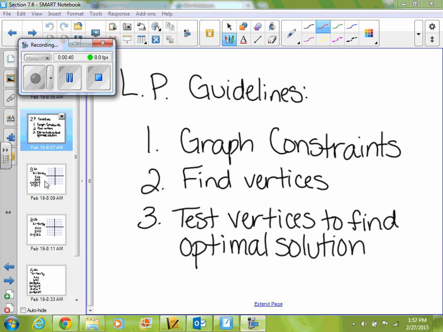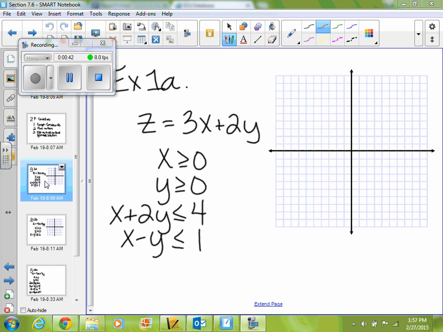Okay. So if we're given these 5 constraints of z equals 3x plus 2y, x is greater than or equal to 0, y is greater than or equal to 0, x plus 2y is less than or equal to 4, and x minus y is less than or equal to 1, we need to graph those.